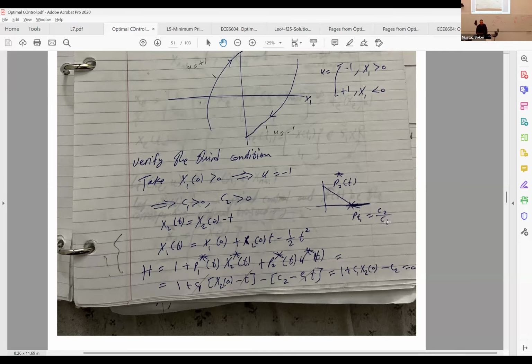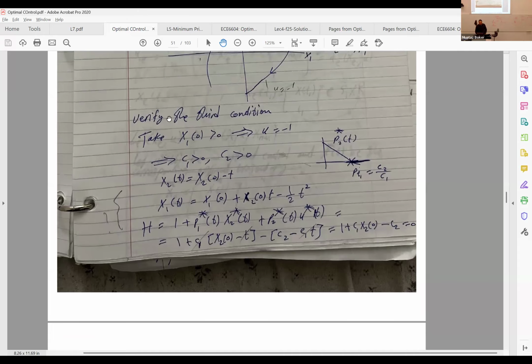Now, let's verify that. So let's verify this condition. If you take the initial condition on X1 to be positive, then we apply U equal to -1. Assume C1 positive and C2 positive, then solve the equations X1 dot equal to X2 and X2 dot equal to -1.